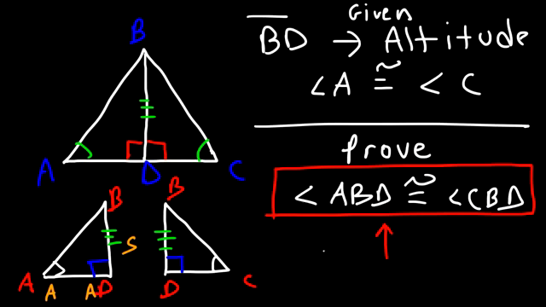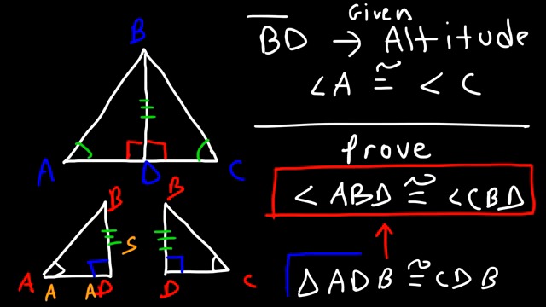So we can make the statement that triangle ADB is congruent to triangle CDB. Now that we've proven that the two triangles are congruent, we can make the statement that angle ABD is congruent to angle CBD according to CPCTC.